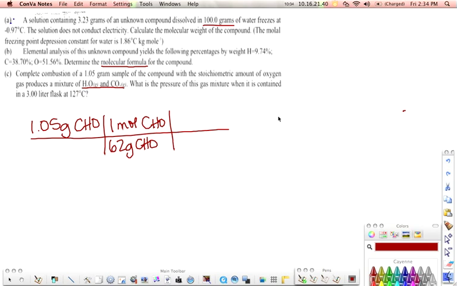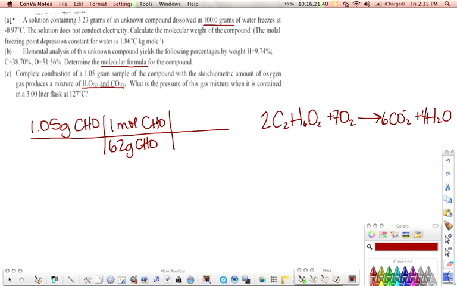So to do that, I have to have a balanced reaction. So we were at C2H6O2. We're going to combust it, which means we react it with oxygen. And it says we're going to produce CO2 and water. So to balance this reaction, y'all can work that out. I'm just going to write it down. It's 2, 7, 6, and 4.